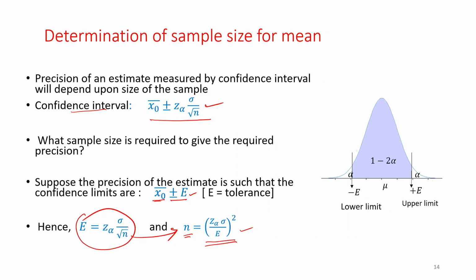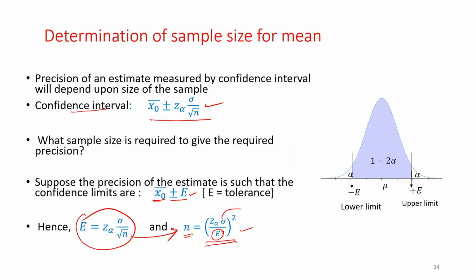So n is a function of the level of confidence alpha that you want, first of all. At what level of confidence you want to say, whether you want 95% confidence or 90% or 99%. It depends upon the standard deviation of the population also. And it depends upon the tolerance. The narrower the tolerance, the smaller the value of E, the more samples you will require.